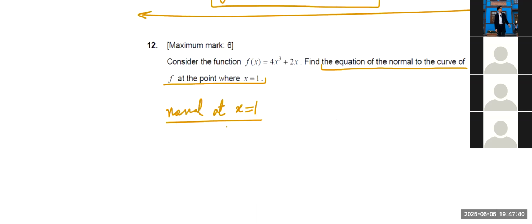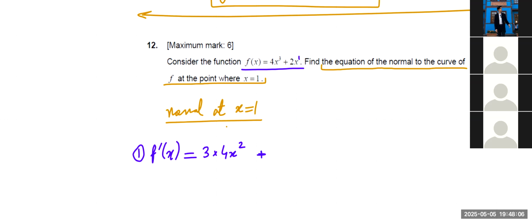So now what do we do? First step, always find the derivative. To find the derivative, use the power rule. Sometimes your problem will have square roots and cube roots in it. Convert them to powers. Okay? So 4x cubed will become 3 times 4x squared because you multiply by the power and subtract 1. And 2x, let's figure out what this becomes. Remember, 2x means 2x to the power of 1, right?